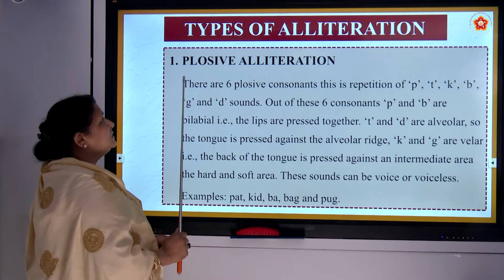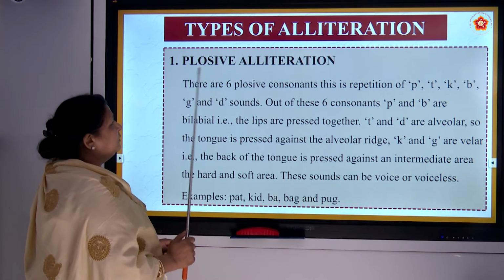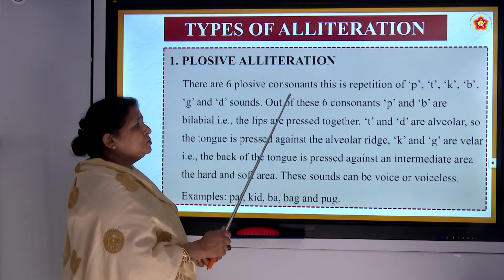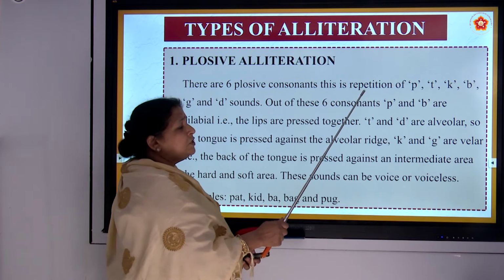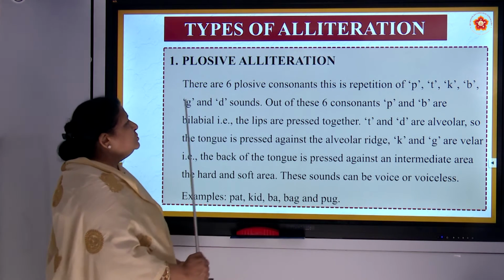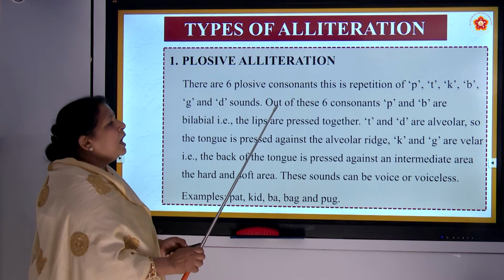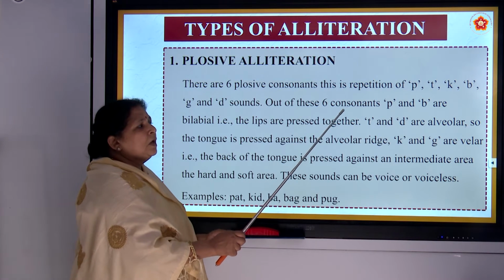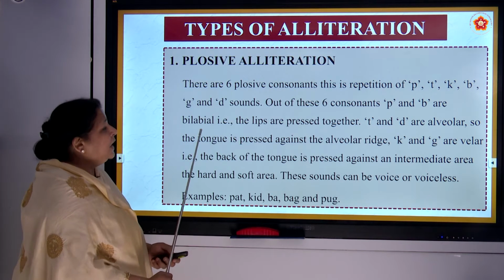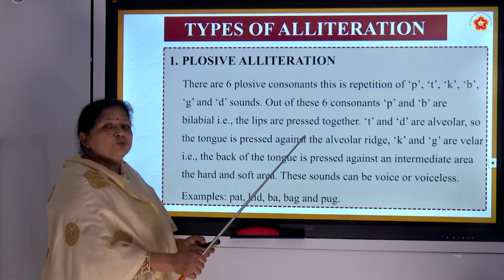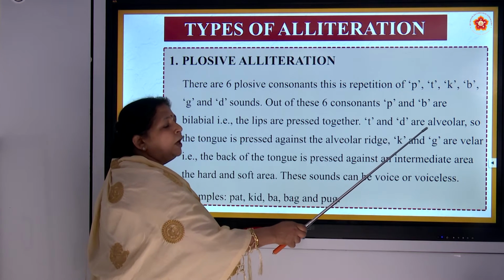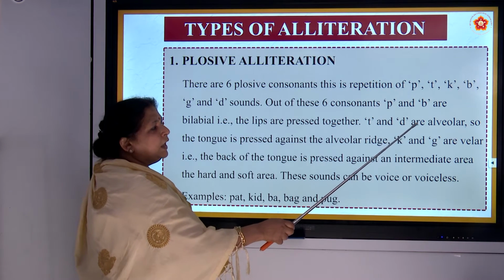So let us repeat this again. Plosive alliteration: there are 6 plosive consonants. This is repetition of P, T, K, B, G and D sounds. Out of these 6 consonants, P and B are bilabial, that is, the lips are pressed together. T and D are alveolar, A-L-V-E-O-L-A-R.